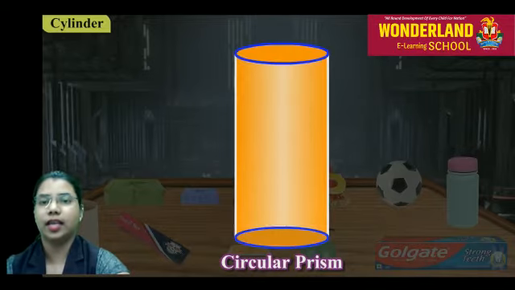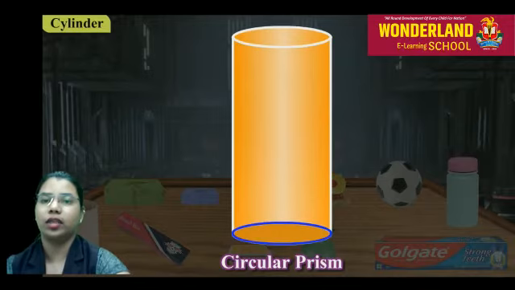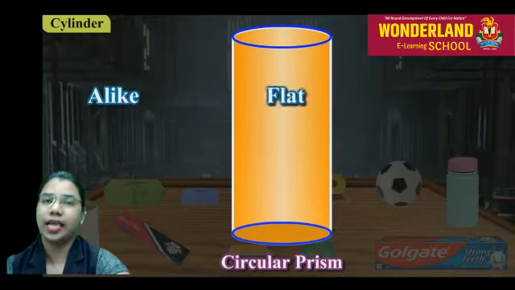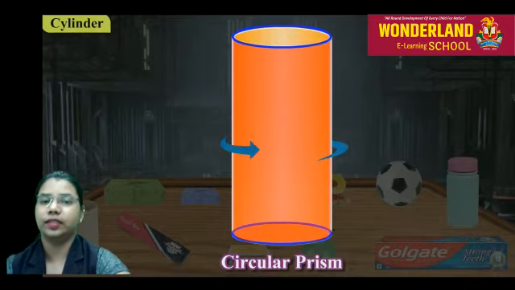A cylinder has two edges but not a single corner. The base and the top surface of a cylinder are alike, flat and circular. The turning face between them is the curved surface.